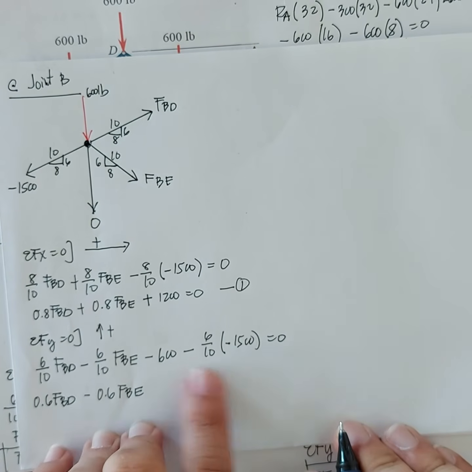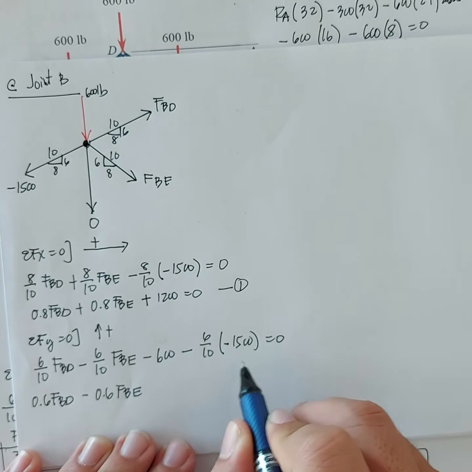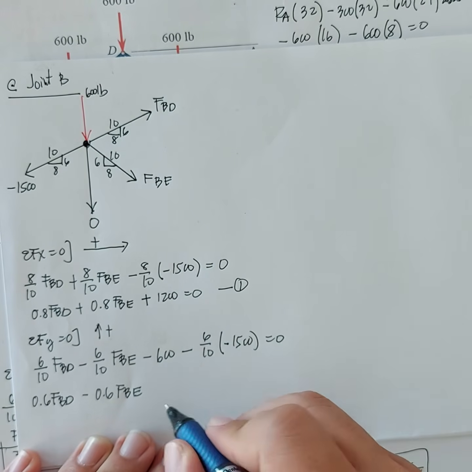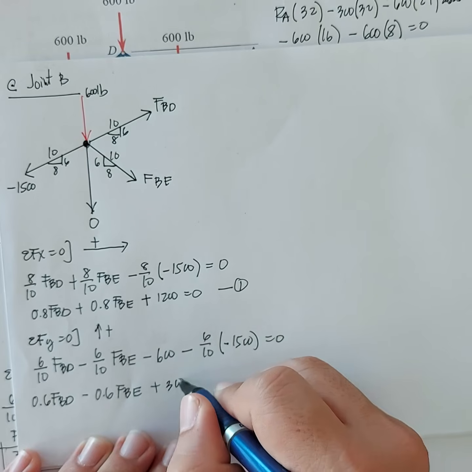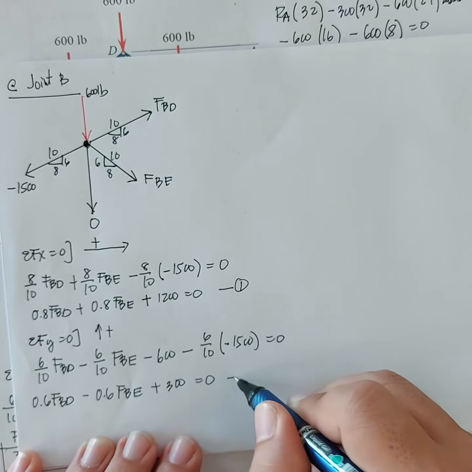Then let's simplify this expressions. Yan. This is 300. Tama ba? Plus 300 equals 0. So this is equation 2.